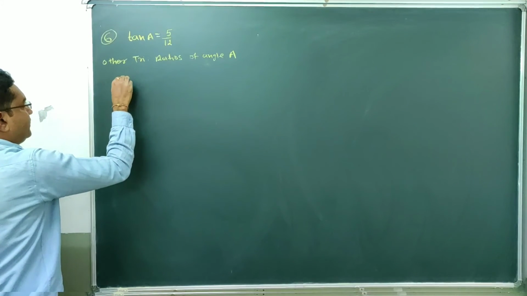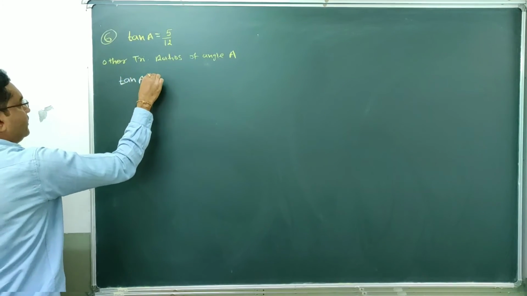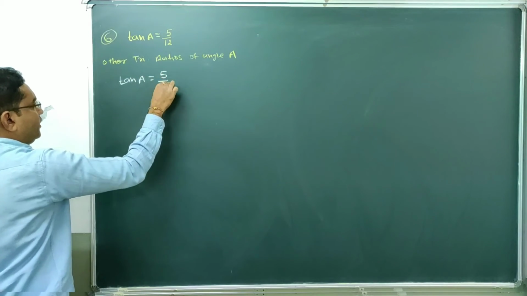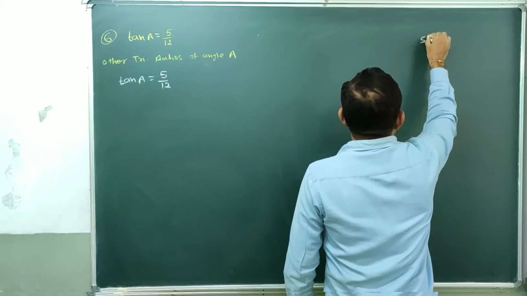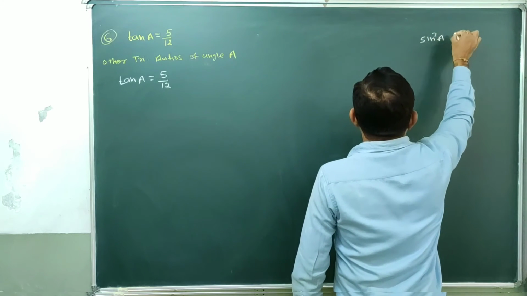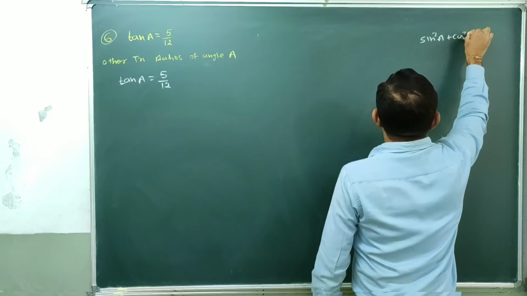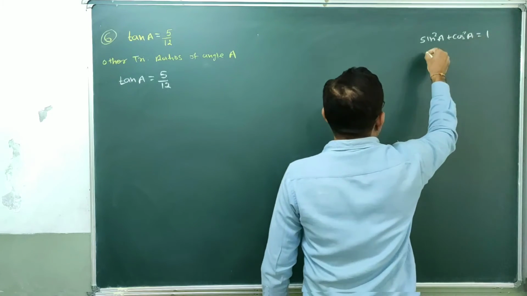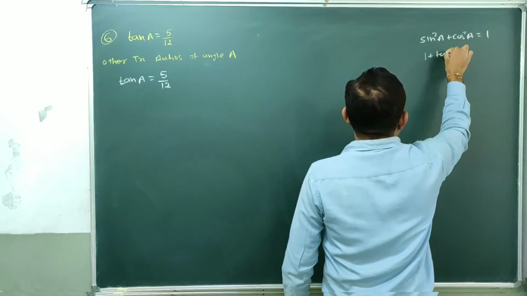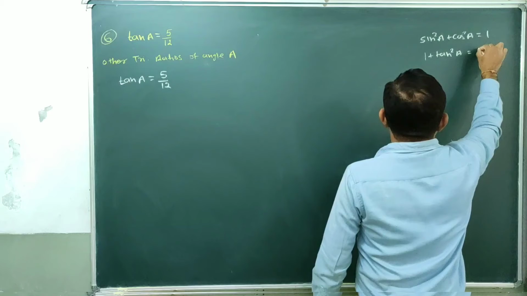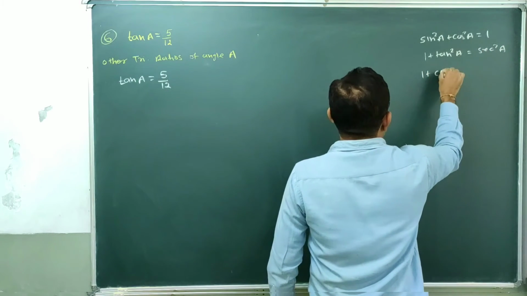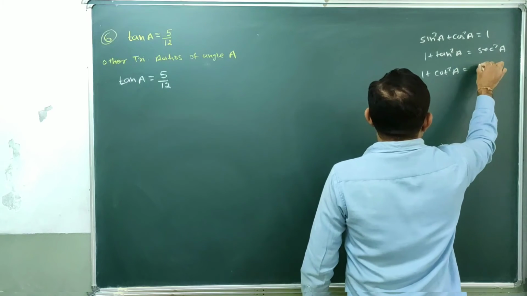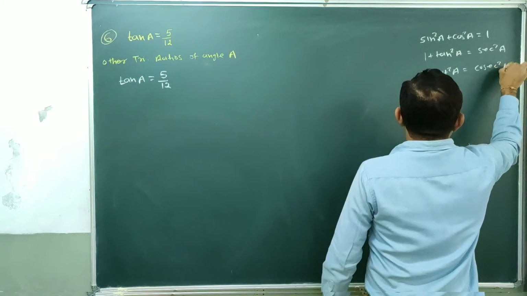So let's start with tan A. Tan A is 5 by 12. We have a total of 3 identities: sin square A plus cos square A equal to 1, 1 plus tan square A equal to sec square A, and 1 plus cot square A equal to cosec square A.